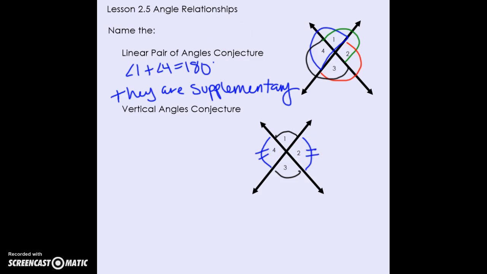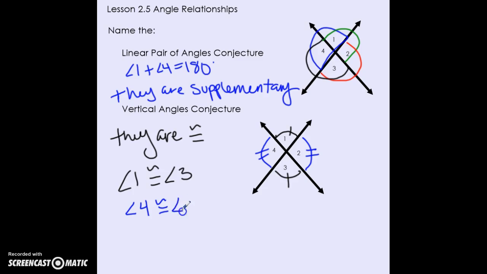So 2 and 4 are congruent, and 1 and 3 are congruent. They are congruent. So angle 1 is congruent to angle 3. Angle 4 is congruent to angle 2. And remember the hash marks, it doesn't matter how many marks you have as long as they're the same for congruent angles.